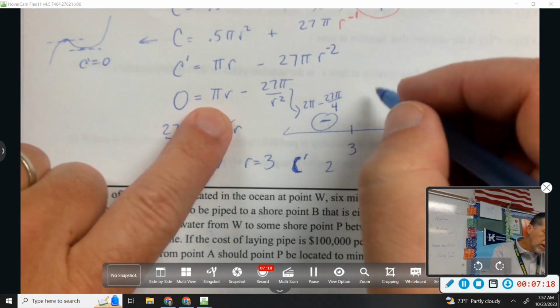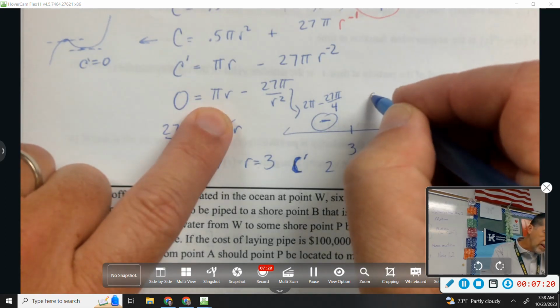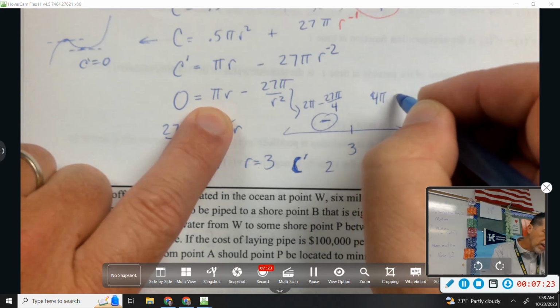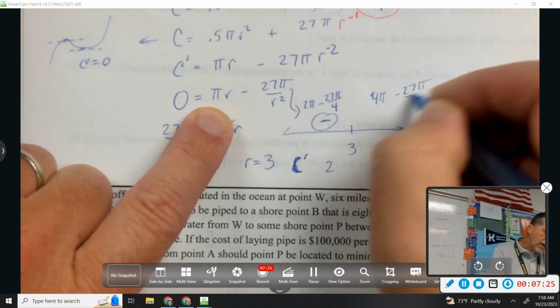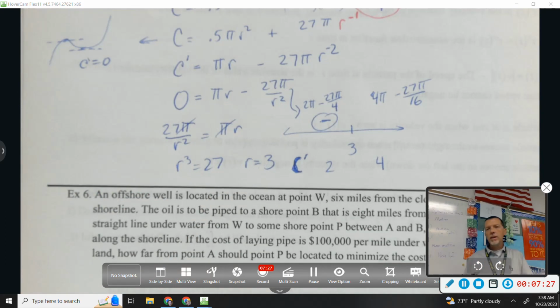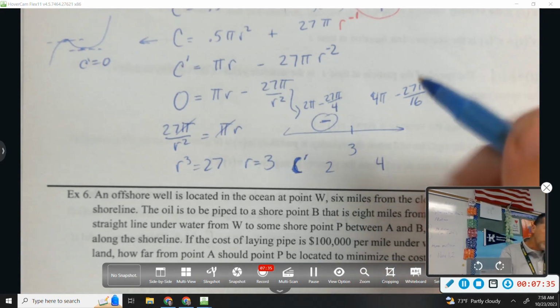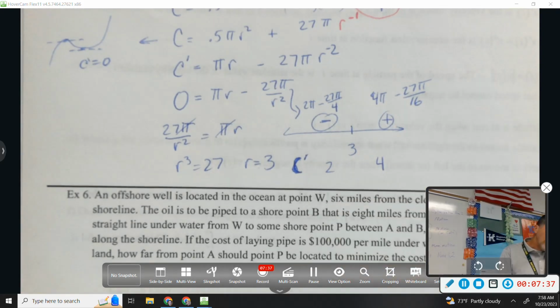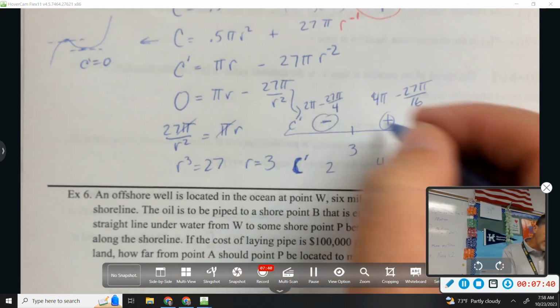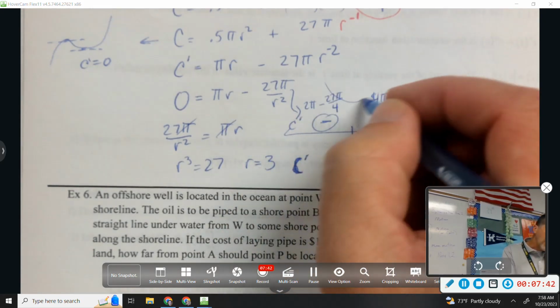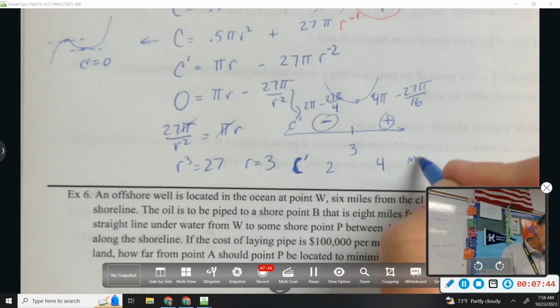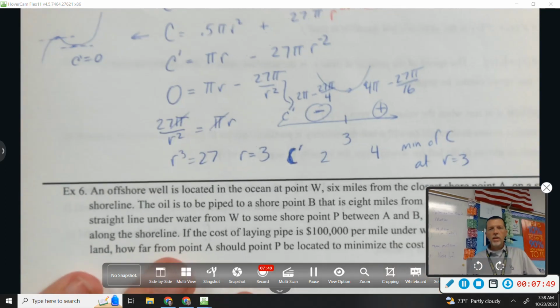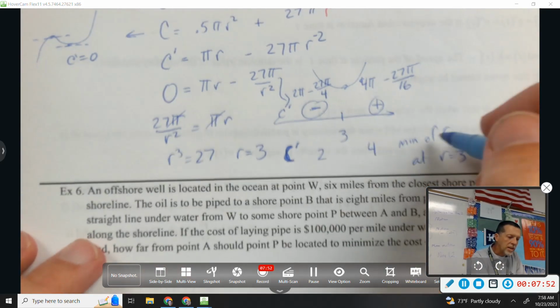Plug in 4. I get 4 pi minus 27 pi over 16. Same thing. I don't know what 27 over 16 is, but it's less than 2. So 4 minus 2-ish is positive. So if c prime goes from negative to positive, then c has a minimum. Minimum of c at r equals 3. Okay. Which is what we thought, but now we've verified that.